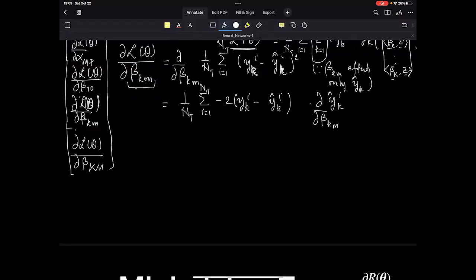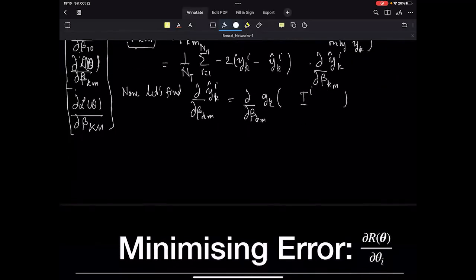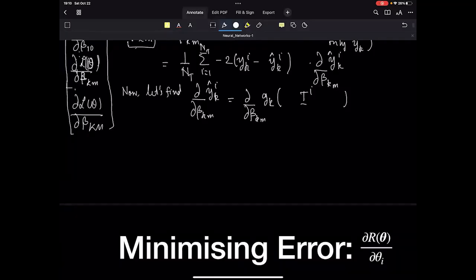Now let's find this. So the question is, how do we find this? This is nothing but the derivative with respect to beta km of gk applied to my vector ti. Even here I only am interested in the kth output, raw output.